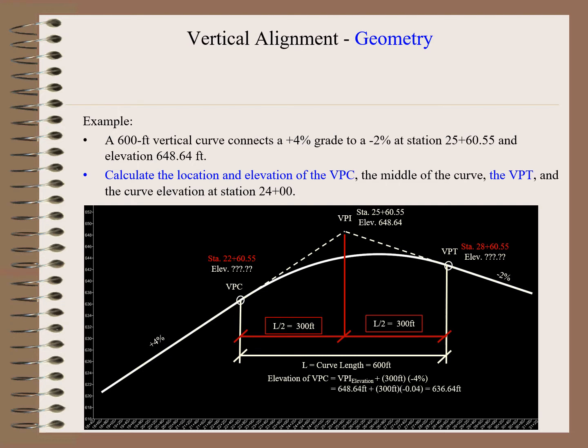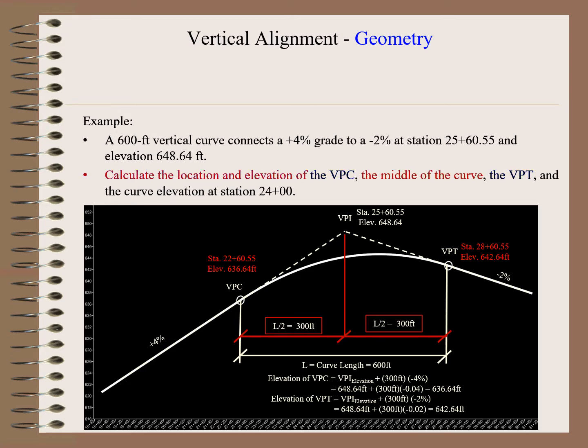When we do that, you'll see that we get an elevation of 636.64 for the VPC. To do the VPT elevation, we're going to take the minus 2% grade and do the same thing, times 300, and then add it to the VPI elevation. So when we do that, we get 642.64 feet for the elevation of the VPT.